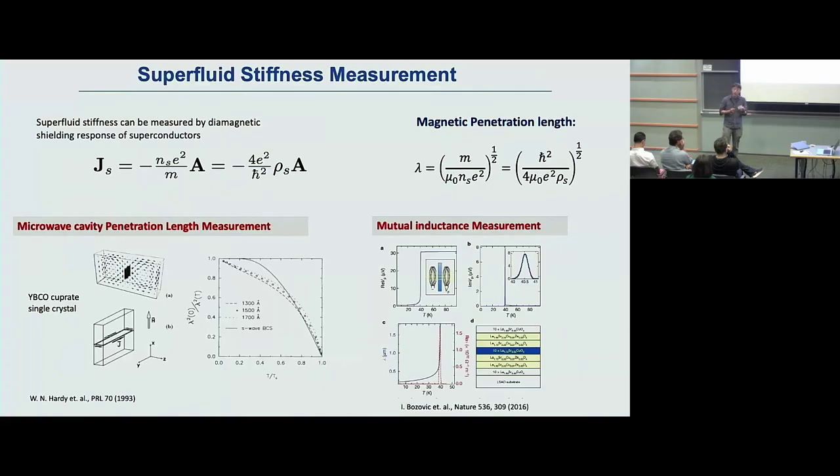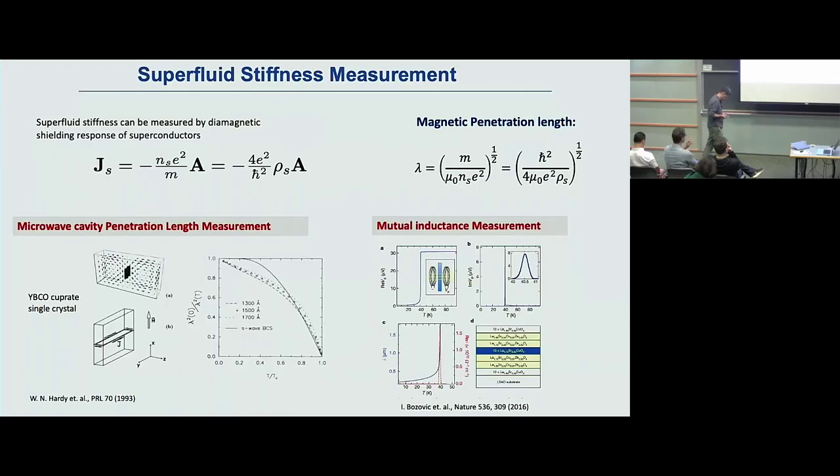You can address the magnetic shielding to get information about the magnetic shielding length, or the penetration length scale, which is directly related to the superfluid stiffness we are talking about. Both types of approaches are a little bit difficult, especially if the sample size and volume are small, and you need a special technique to measure it, which is what I'm going to present later on.